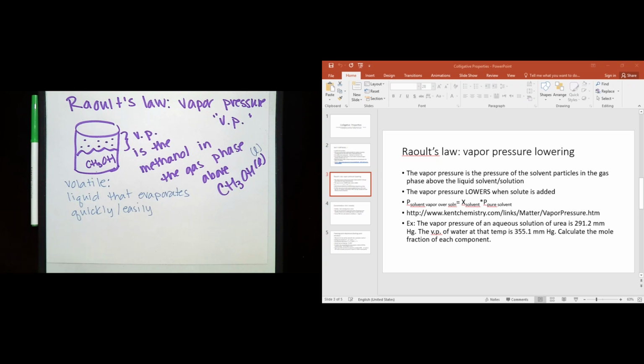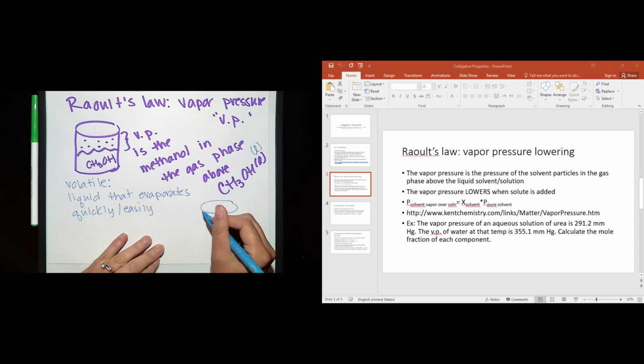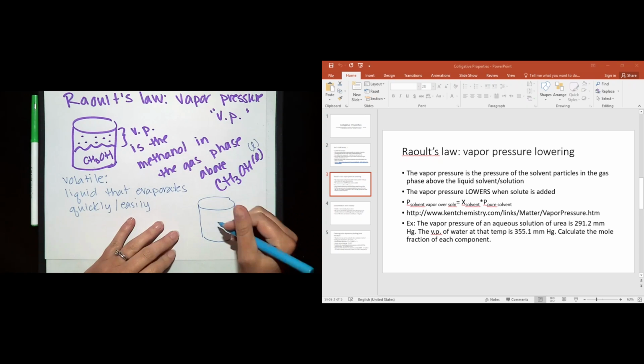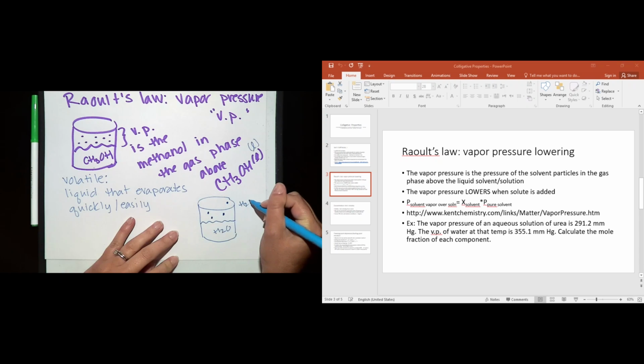Whereas something that is not very volatile, and I like to use water, if you leave a cup of water on your bedstand overnight, hopefully you don't have pets that knock it over, if you do that, we have water. I'm going to draw fewer dots to indicate, if this circle is water gas, and down here is water liquid.